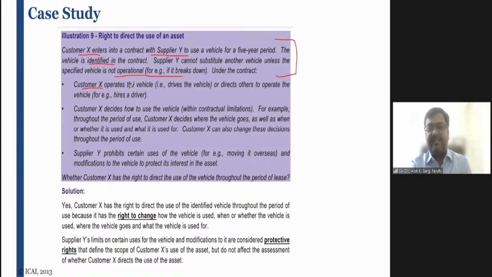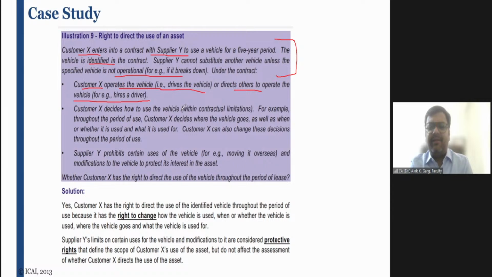Customer X, meaning the lessee, operates the vehicle, that is, drives the vehicle, or directs others to operate the vehicle. For example, hires a driver. So it is customer X who himself drives the vehicle or he has hired a driver, right? And he is giving instruction to the driver on how this asset has to be used.